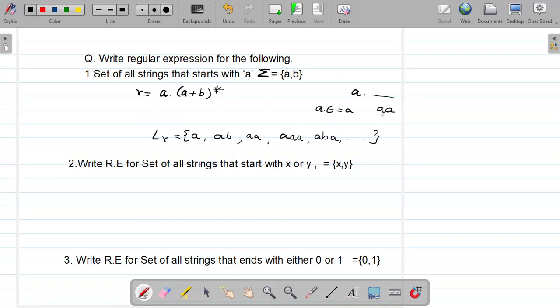Suppose we get A, so we'll get the combination AA. From A plus B the whole star, suppose we get B, so we'll get the string AB and so on. So this regular expression will take care of all the strings that can be generated for this particular problem: set of all strings that start with A over summation equal to A comma B.